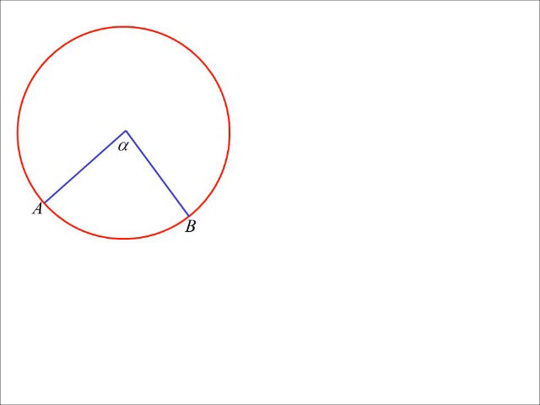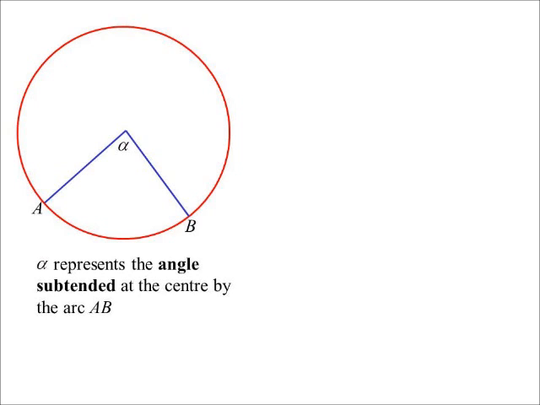Okay, so here's 2 parts of my circumference, so the arc AB I'm talking about, and I've joined it up to a point. That's what's called subtending an angle. So alpha is the angle I have subtended. So what subtend means, you get 2 points and you join it up to a 3rd point and you create an angle. So the way I would describe this is I'd say, well, alpha is the angle subtended at the centre by the arc AB.